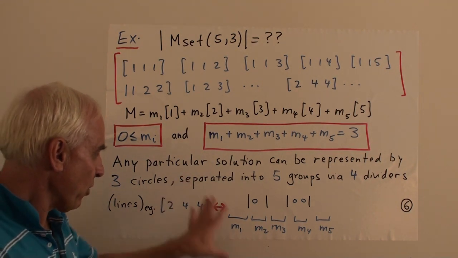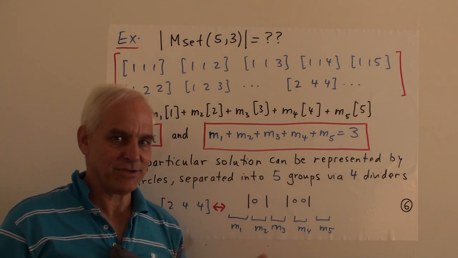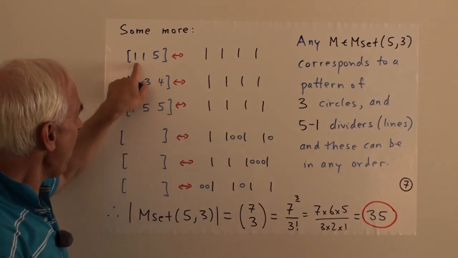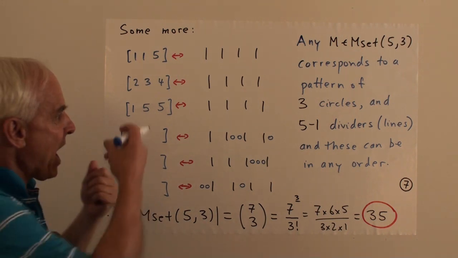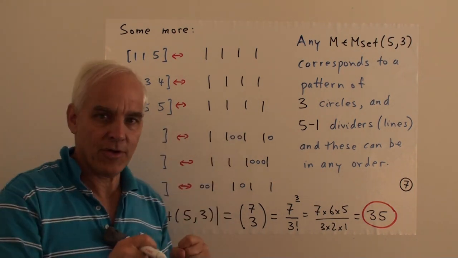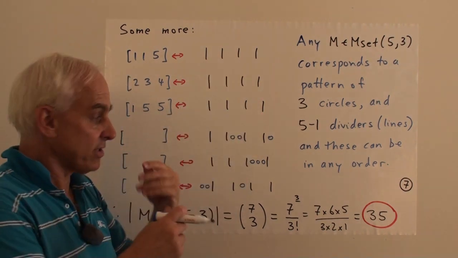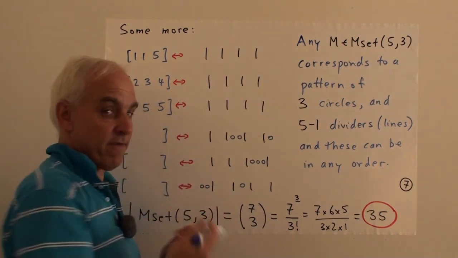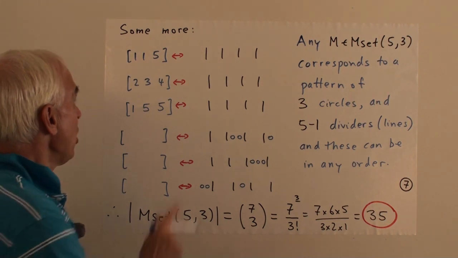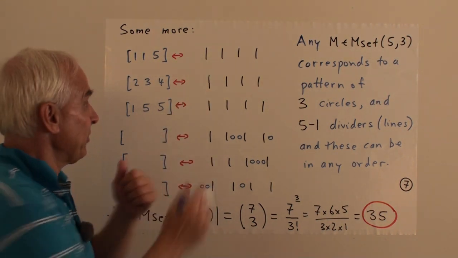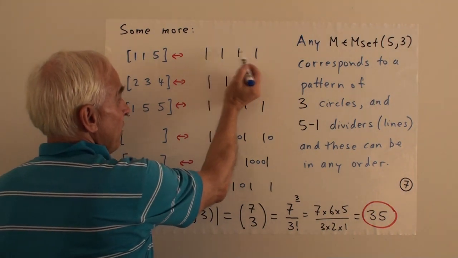I want to do some more examples like that to let you see what's going on here. Okay, so let's look at this MSET, 1, 1, 5. What pattern of circles and lines corresponds to it? Well, there's our 4 lines which separate the regions into these 5 boxes, each one corresponding to a multiplicity of 1, 2, 3, 4, 5.